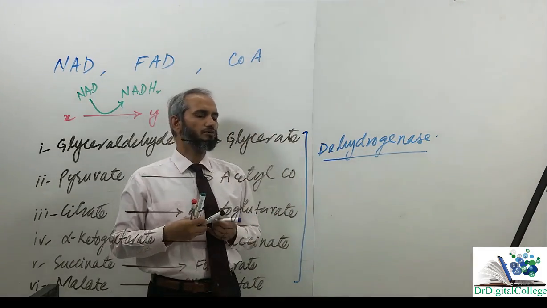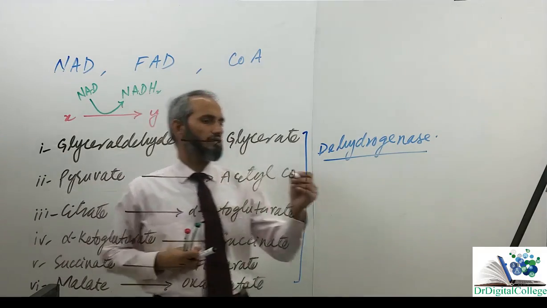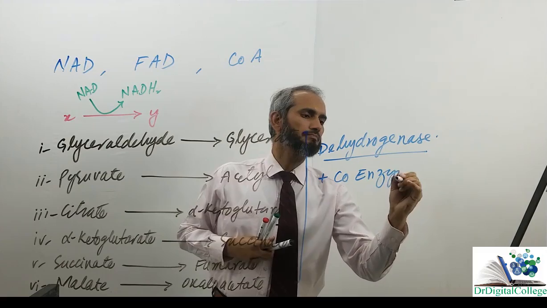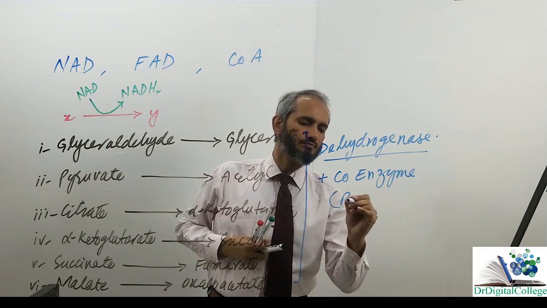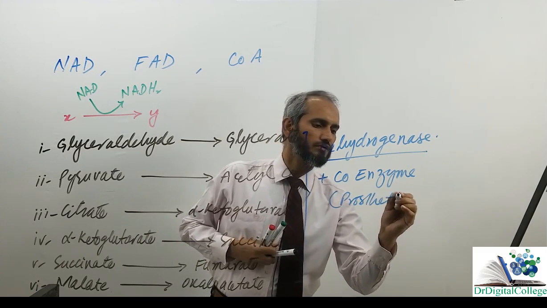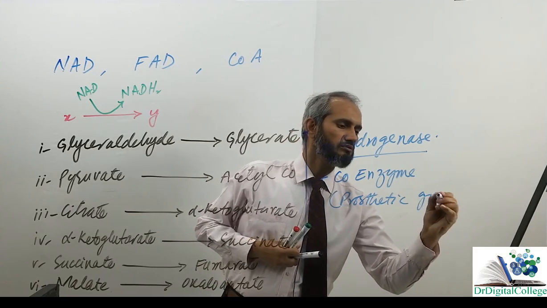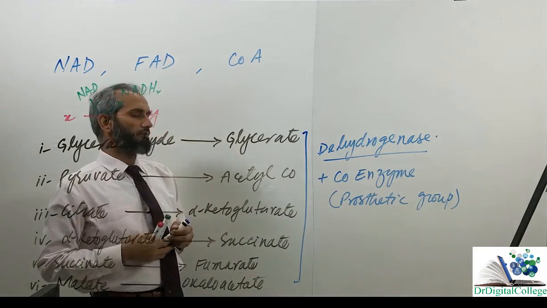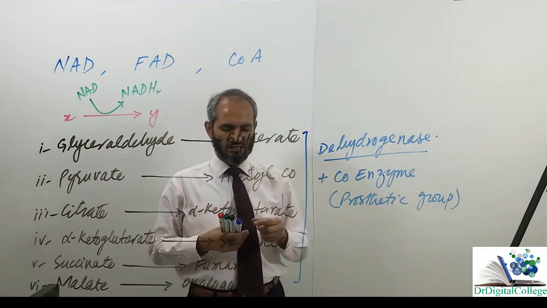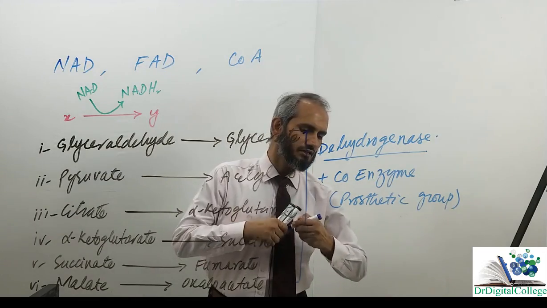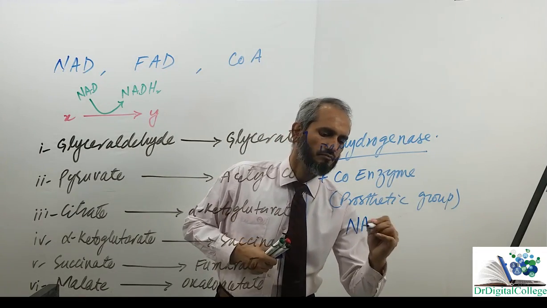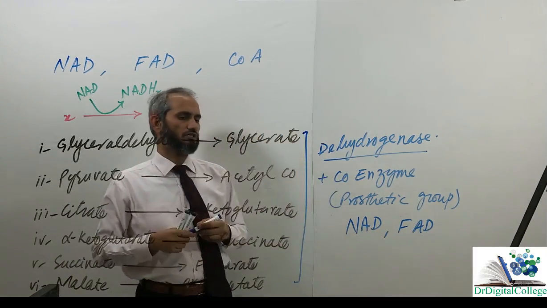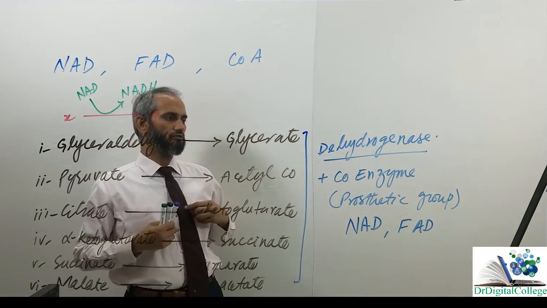If dehydrogenase is the enzyme, with it there is a coenzyme which is acting as a prosthetic group, a complex organic compound which is not proteinic in nature. This is called a prosthetic group. The prosthetic group of the dehydrogenase is NAD or FAD. These two are the prosthetic groups of enzyme dehydrogenase.